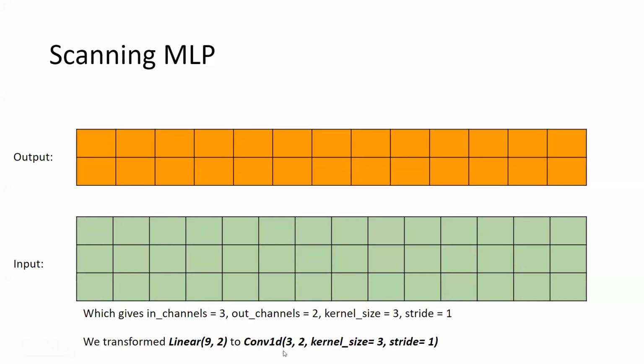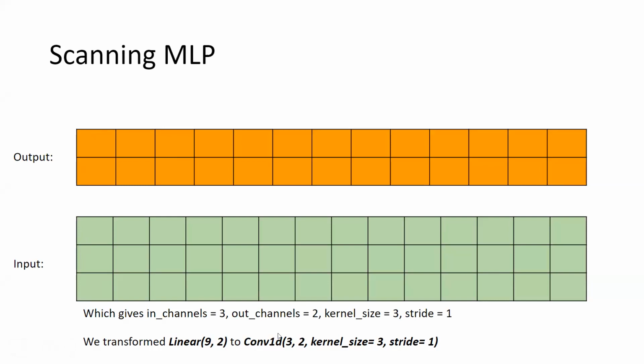So this is to illustrate how a CNN can be thought of as a scanning MLP, where you can use either linear 9/2 or you can use Conv1D to do the exact same operation. The difference, however, is in the number of parameters.